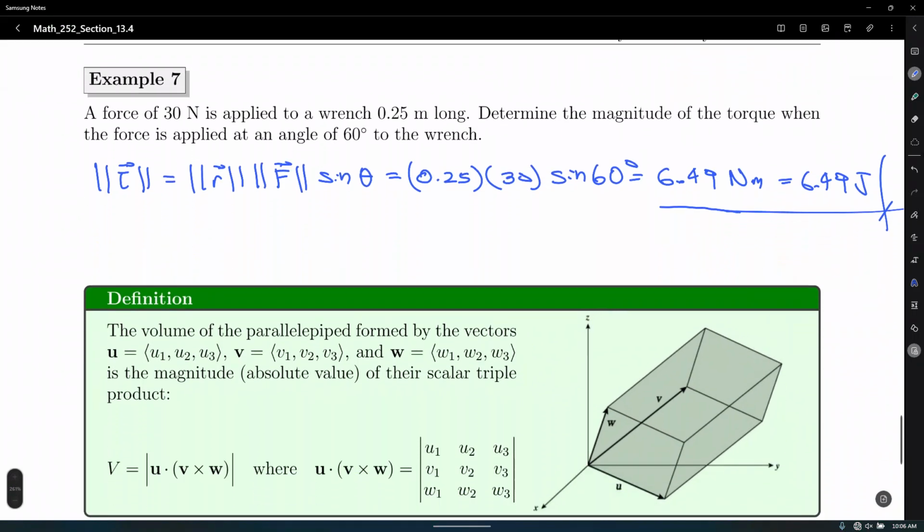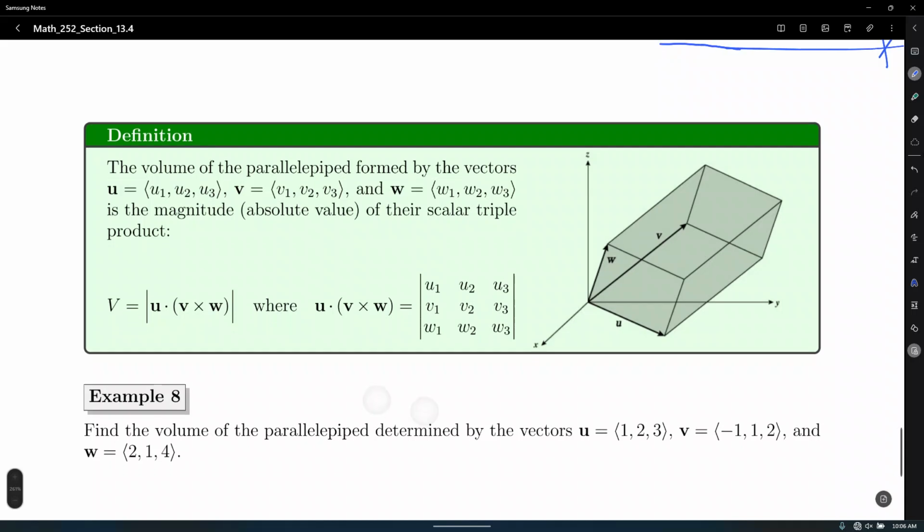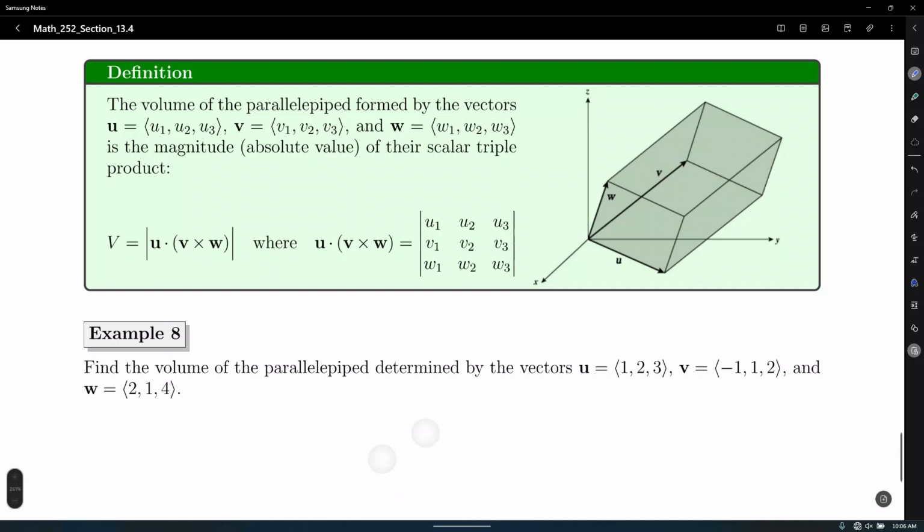And to wrap up the section, we can find the volume of a parallelepiped, not necessarily a rectangular box, because it could have oblique sides or oblique planes. That's obtained by finding what we call the triple scalar product.